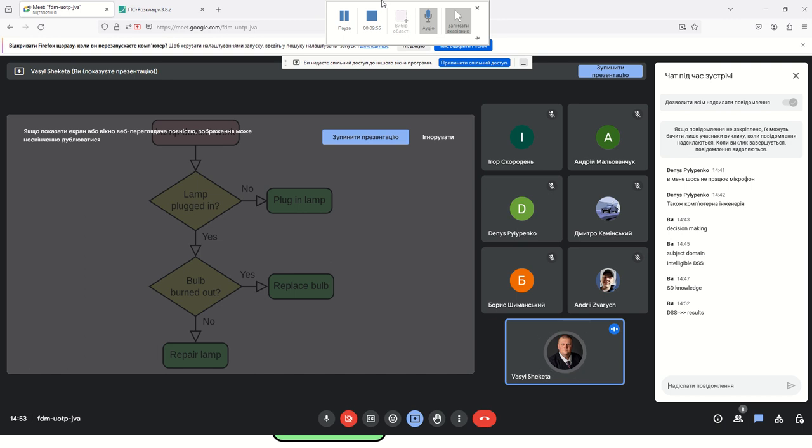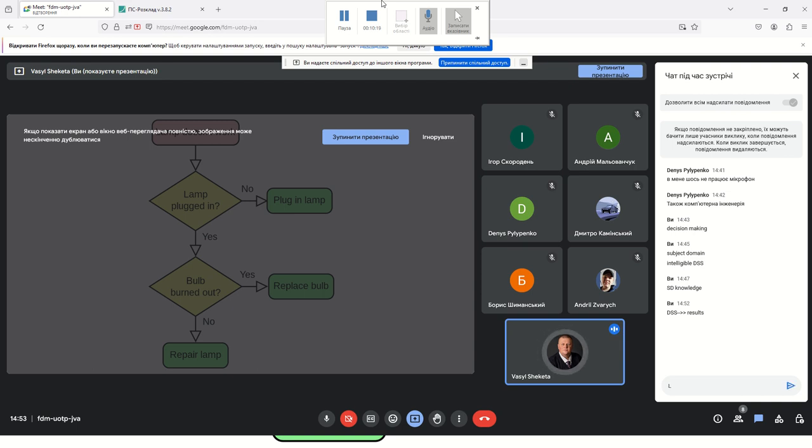shows us the most simple decision making. So we can stipulate a topic of our first lab.